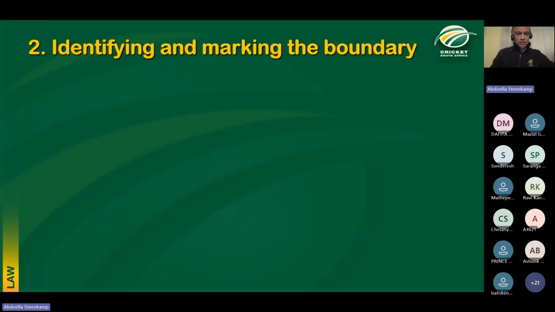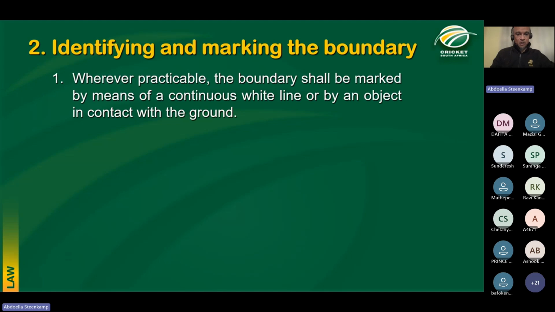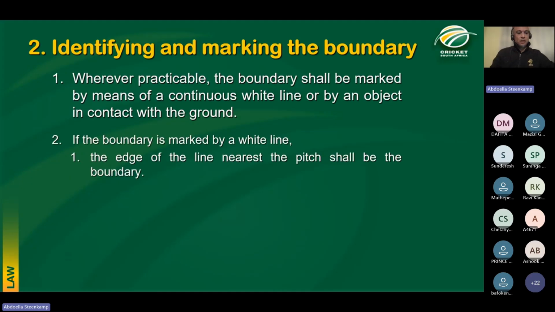When it comes to boundaries and identifying and marking the boundaries, wherever practicable, the boundary shall be marked by means of a continuous white line or by a continuous object in contact with the ground like a rope. So if the boundary is marked by a white line, the edge of the line nearest to the pitch shall be the boundary.